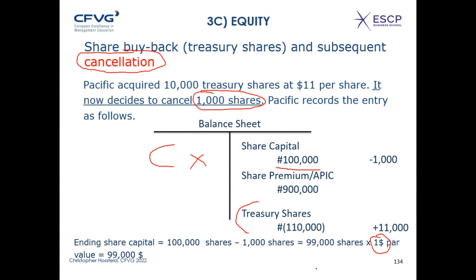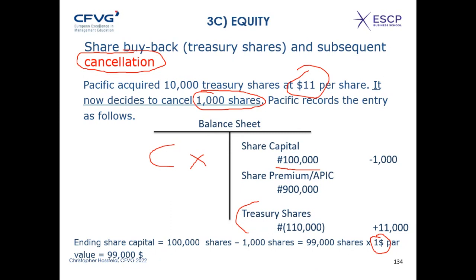And remember, with treasury shares, I paid back money to the shareholders, and now we delete the corresponding shares. And I paid those shareholders €11. I paid them more for the shares than the par value, and that means I reimburse them a premium. You know, when shareholders give me money, they pay me more than the par value. I receive a premium.